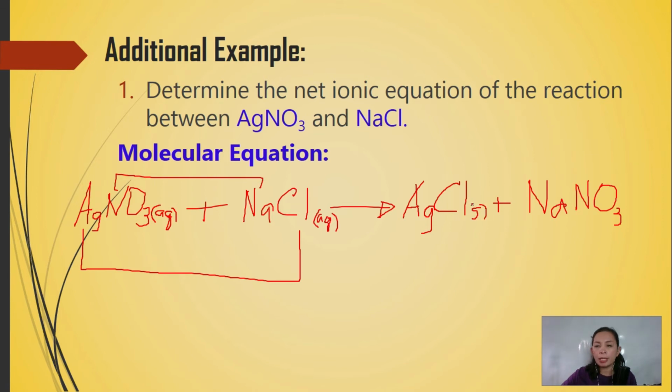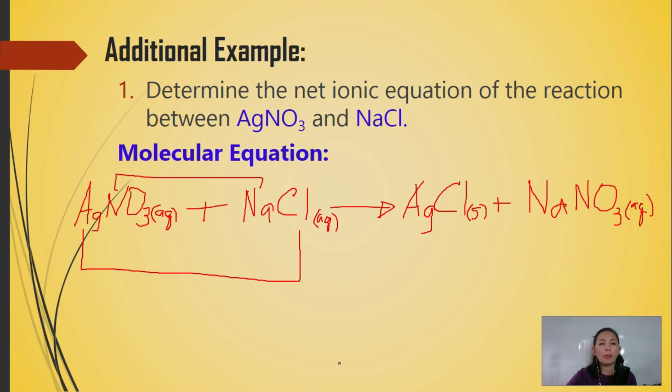So we write S. And for sodium nitrate, they are all soluble because sodium is an alkali metal and nitrate is also soluble in water, so we write AQ. So far, if you check our equation, we already have our products and the equation is already balanced. So this is already the molecular equation between the reaction of silver nitrate and sodium chloride.